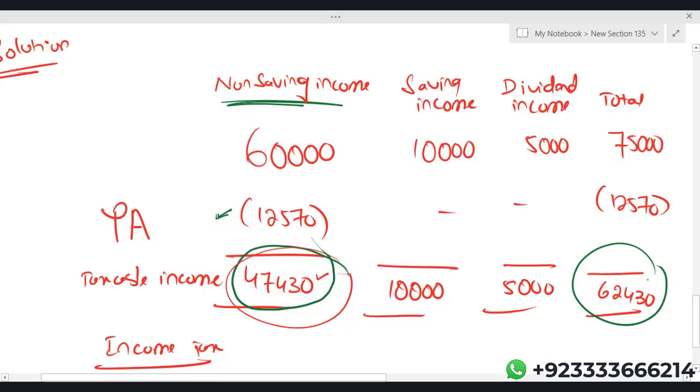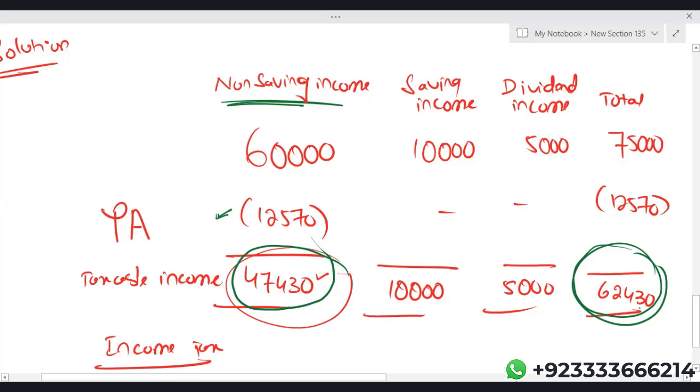Taxable income in the last column is more than 37,700, more than the basic rate band. And obviously it is less than the higher rate band. It is not exceeding the higher rate band, but it has exceeded the basic rate band. So simply this individual is a higher rate taxpayer.